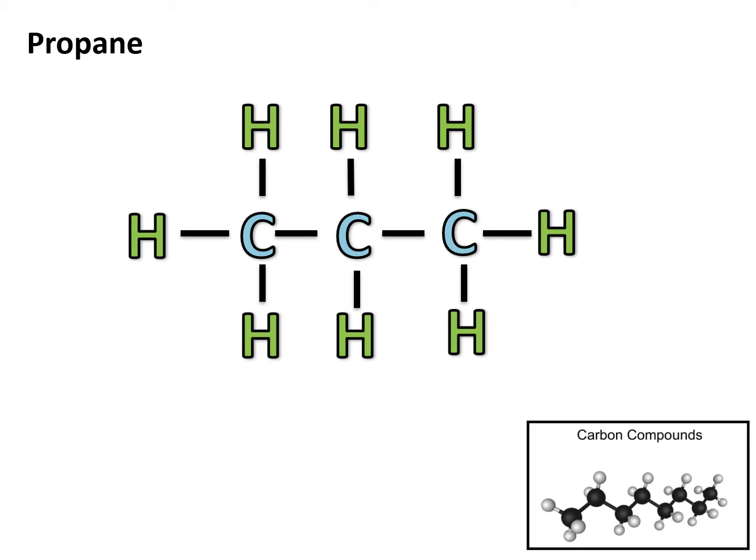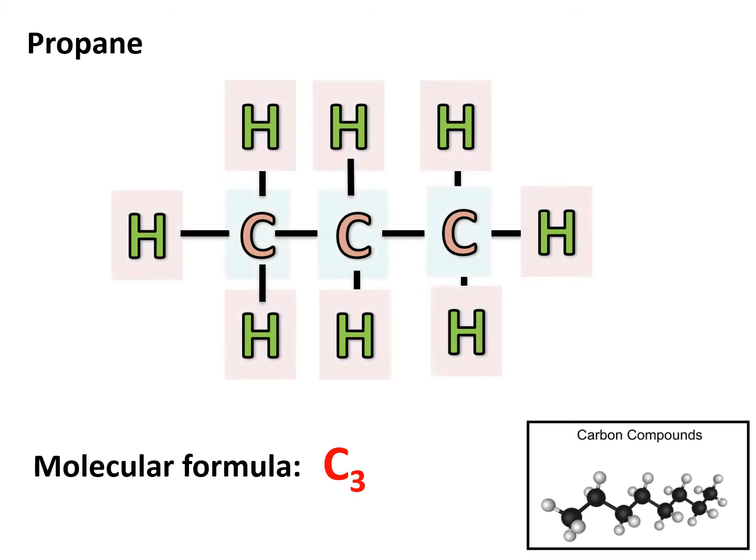Now how do I write the molecular formula? First step in writing the molecular formula is you will count the number of carbons. When you count the number of carbons, carbon is nothing but 3. Then you will count the remaining hydrogen atoms which are there.